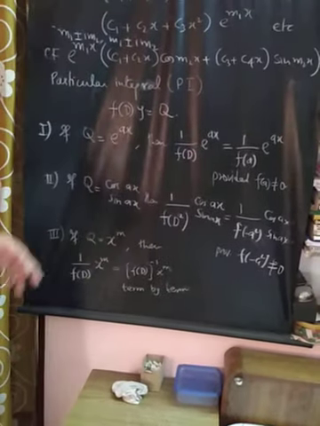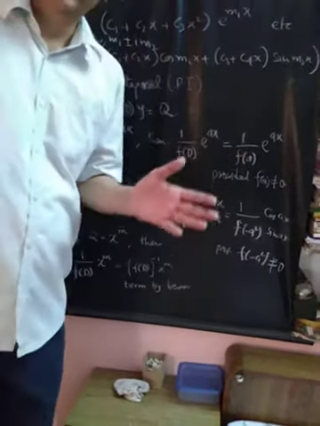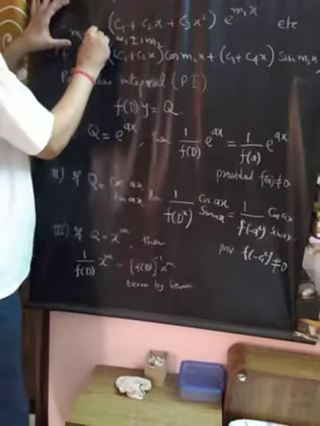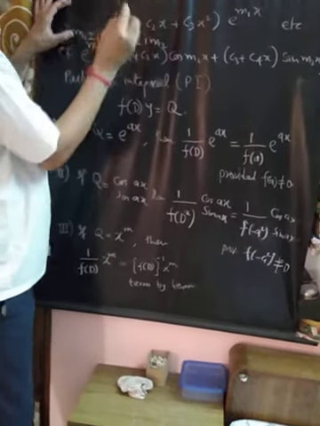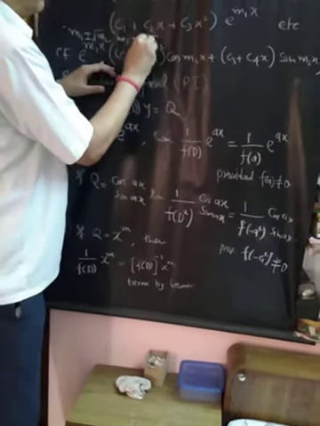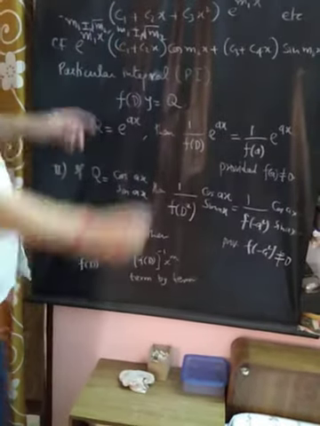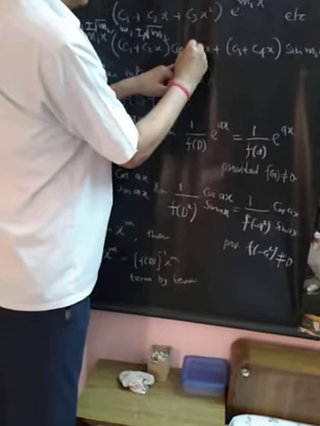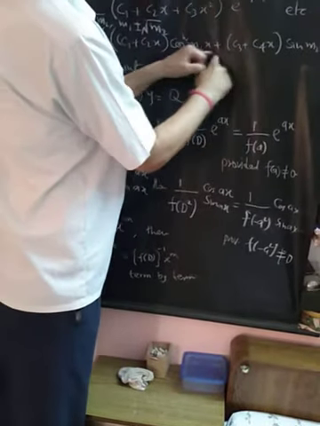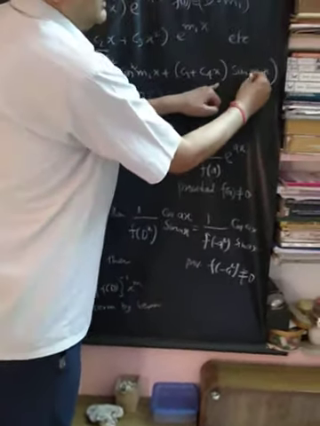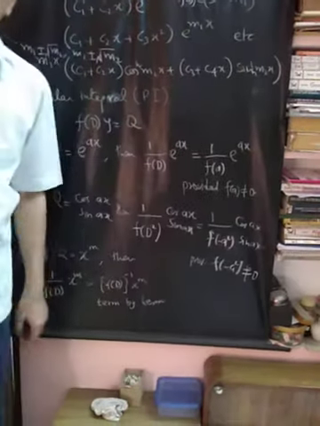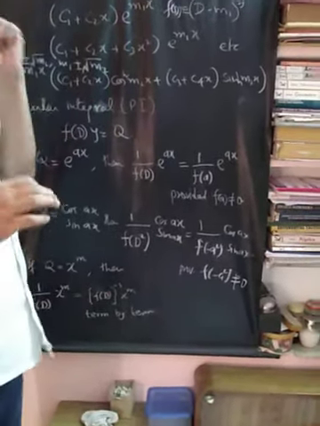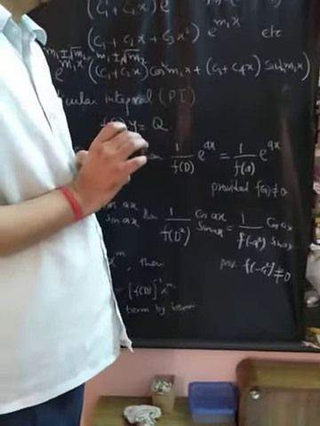And similarly, if a root in surds is repeated, that is, if the root is m1 plus minus root m2, then this will be e^(m1 x) [(c1 plus c2 x) cosh m2x plus (c3 plus c4 x) sinh m2x].